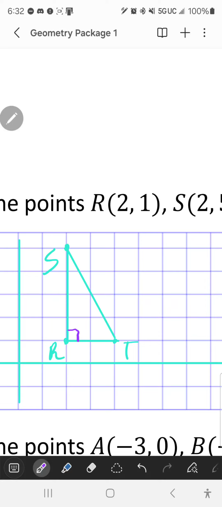Now for the sides, we see that this is a lot shorter than this. Since these both are different and this is the hypotenuse, we also know that this is going to be different. So these three sides are different, so the triangle is going to be right since it has a right angle, and it's going to be scalene since all the sides are different.